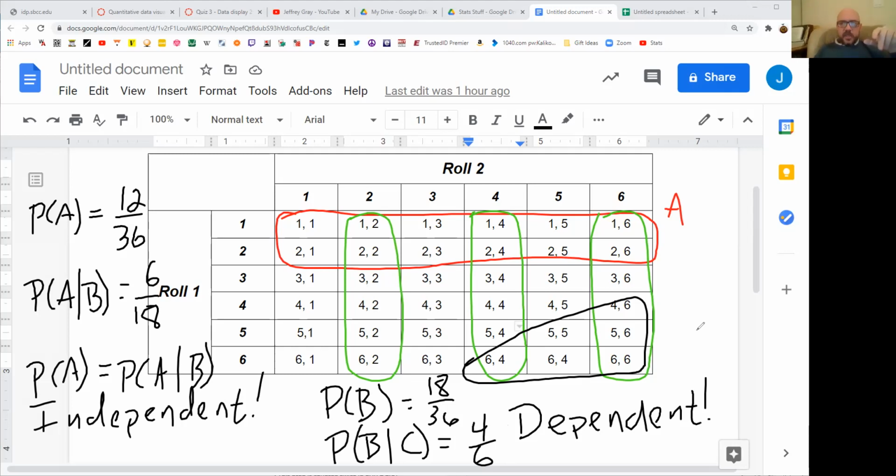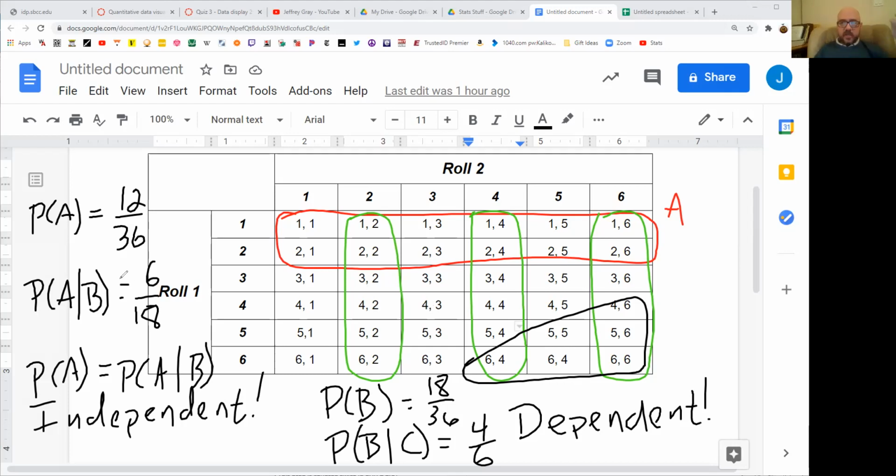All right, I've explained this in terms of just the formulas, the formula that you use to check to see if two things are equal or not. But it maybe makes more intuitive sense if I explain it a little bit differently. A is a statement about the first roll, and B is a statement about the second roll.